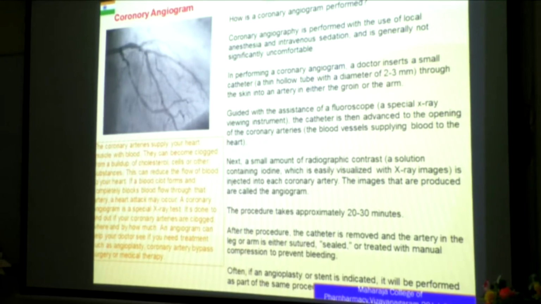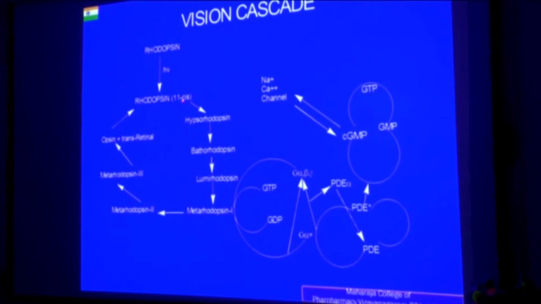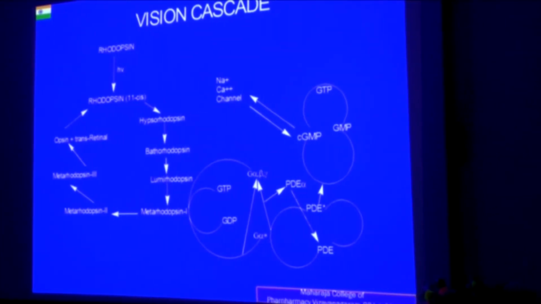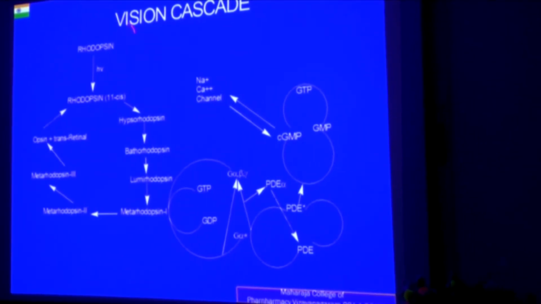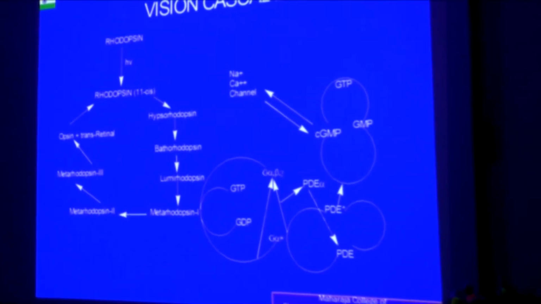Some kind of biochemistry is also given. Next slide. Vision cascade. See, vision is also important for us. When you take the rhodopsin in your eye and shine light on it, this rhodopsin undergoes all these changes and then goes back to rhodopsin again, right?